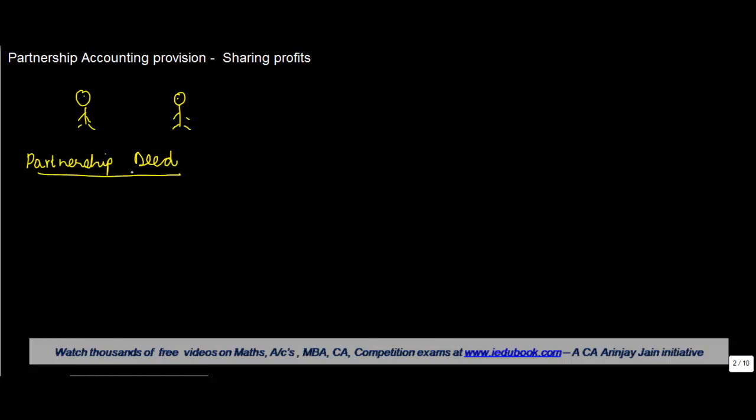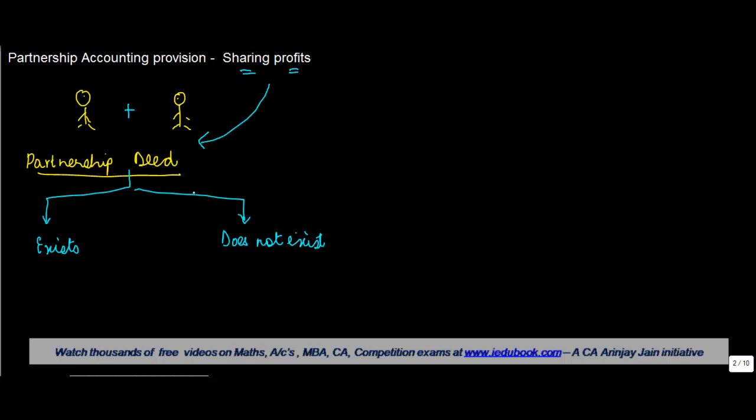Now there can be two situations. One, a partnership deed exists, and the second, it does not exist, right? Normally the sharing of profits between these two people is governed by the provisions of the partnership deed, if it exists.